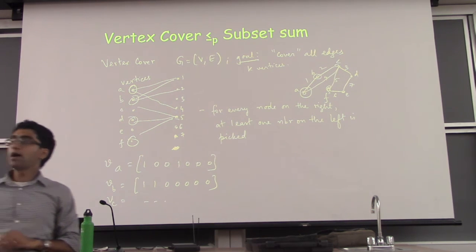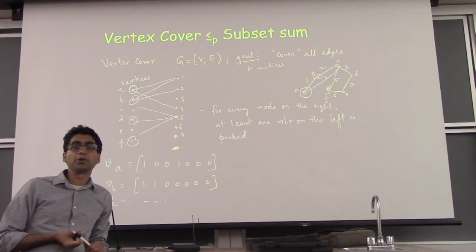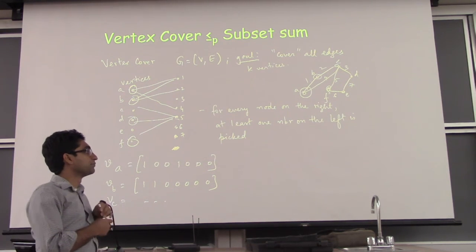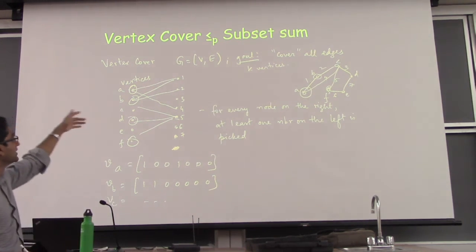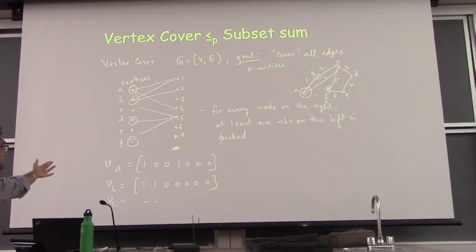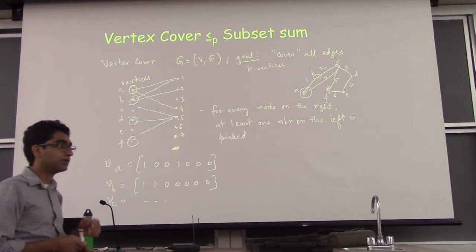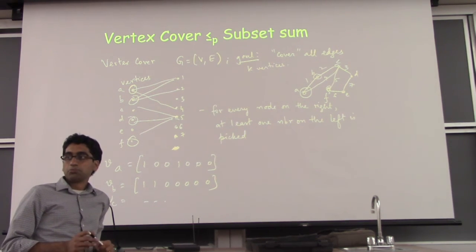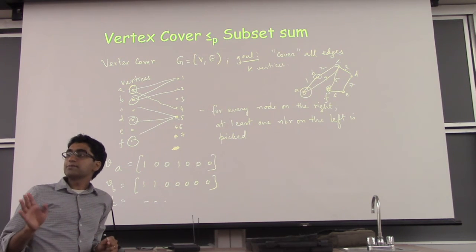So now how can you phrase this vertex cover problem? So I want to pick a few vertices on the left, right? So I want to in some sense pick a few vectors. And let's say you sum all of them. Yeah, so I guess many of you see this, right?